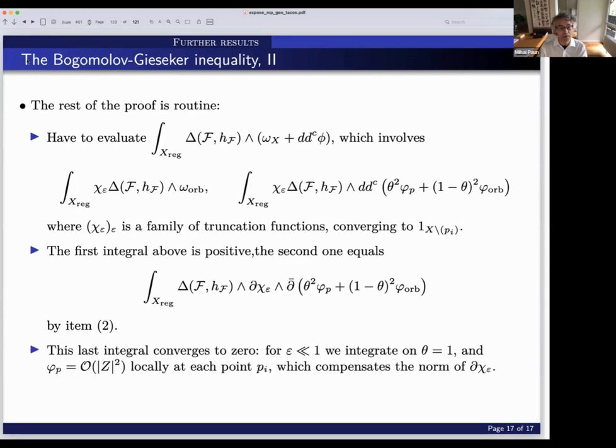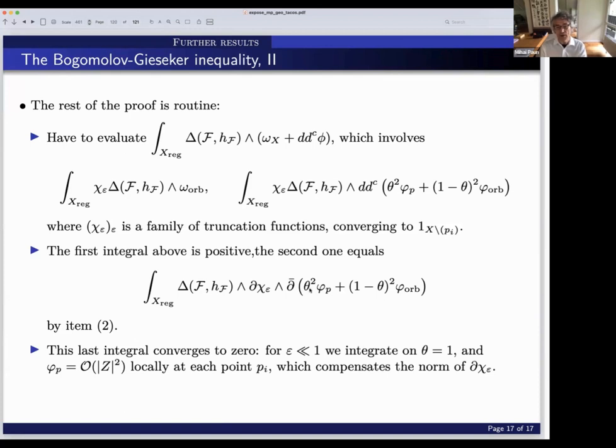And finally, the last integral will converge to 0 as one wishes, for the following reason. For ε small enough, the differential of this χ_ε will tell us that we integrate where θ equals 1, so I don't see any of this term here. And this is the potential of the metric near the point P, so I can take it of the form of order |z|², where z is the coordinate on the ambient space.